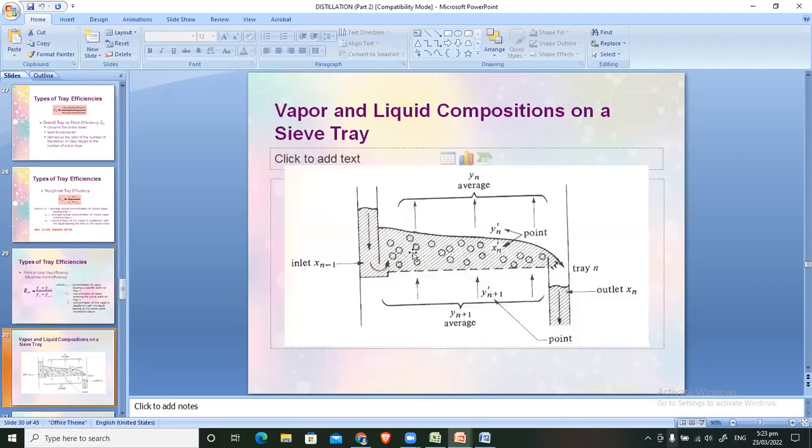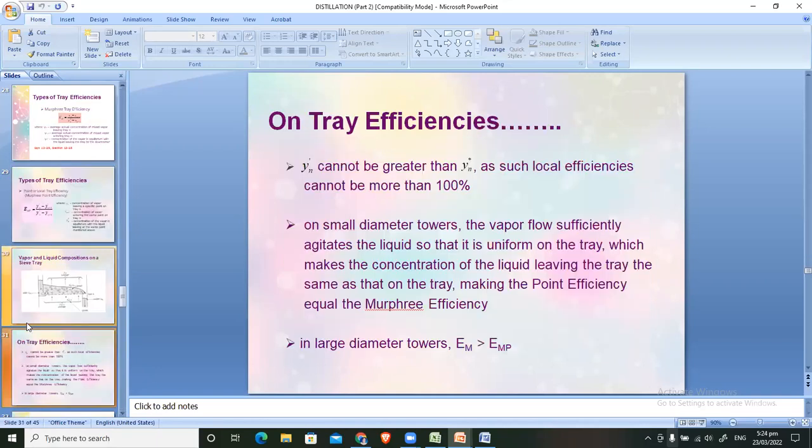Now, this is how it is. So, Murphree takes the average of the mole fractions of the vapor entering a tray and leaving a tray. These are things that you need to know regarding tray efficiency, so please read on this.